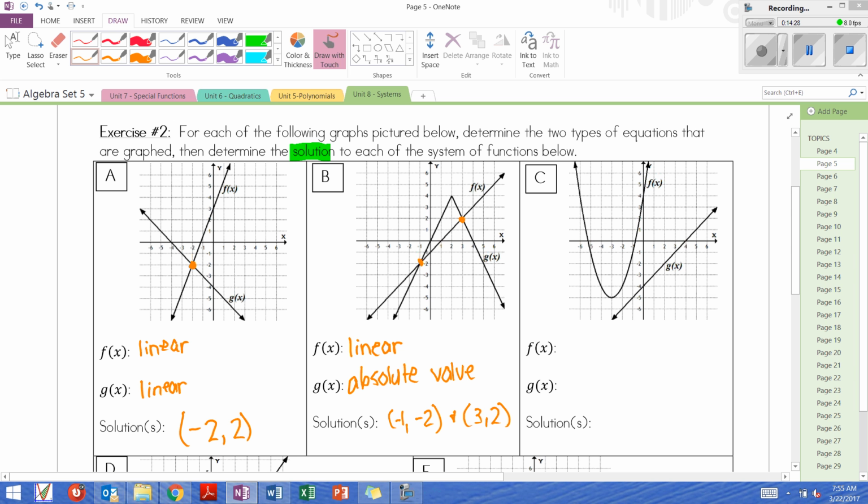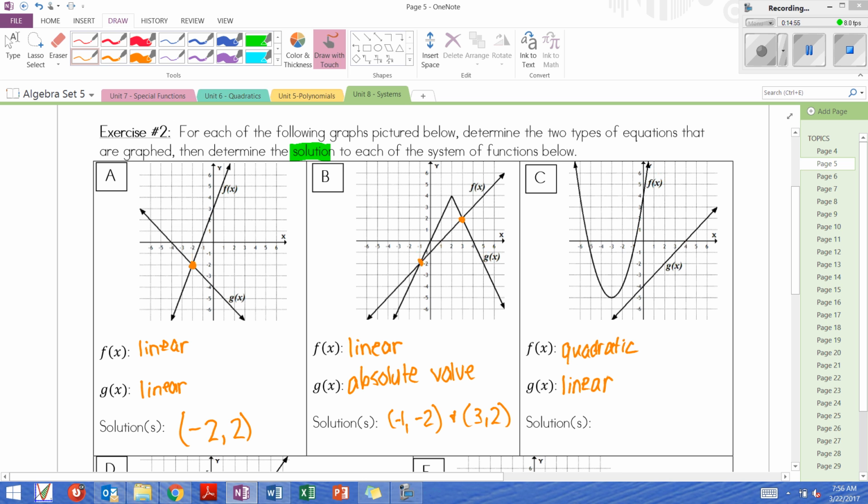All right, moving on. C, what is f of x? What type of function is f of x? It's a quadratic. And g of x is a linear function. Okay, so where are they crossing? Well, it doesn't look like they're crossing on here.